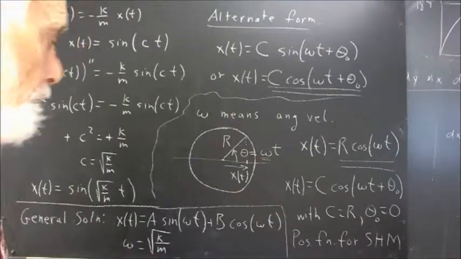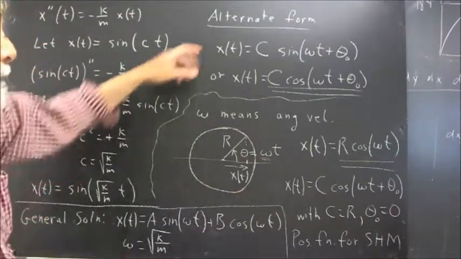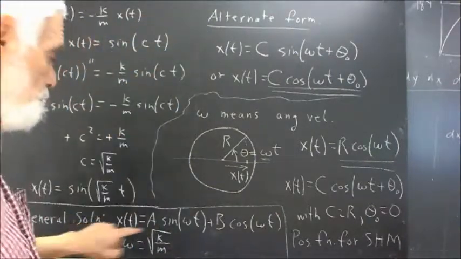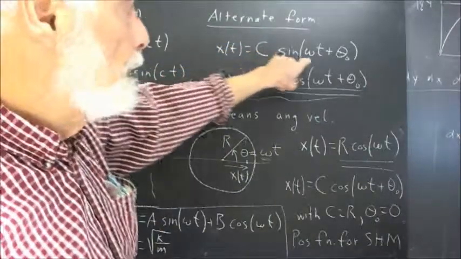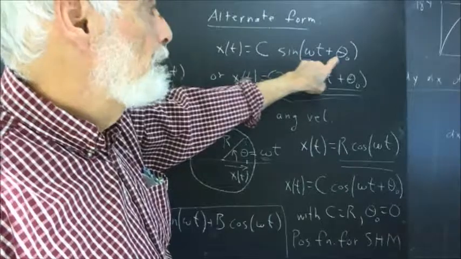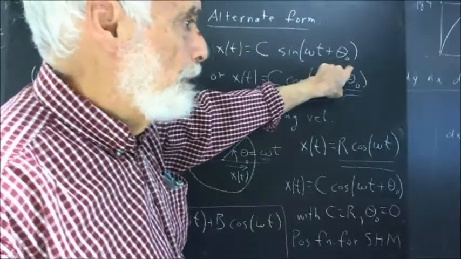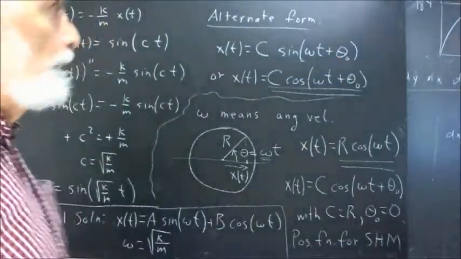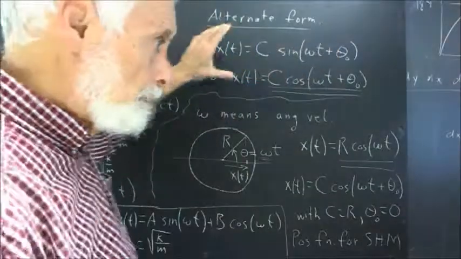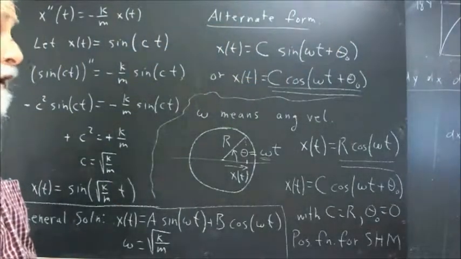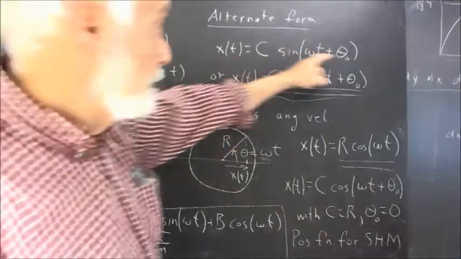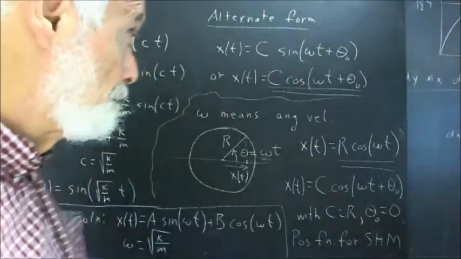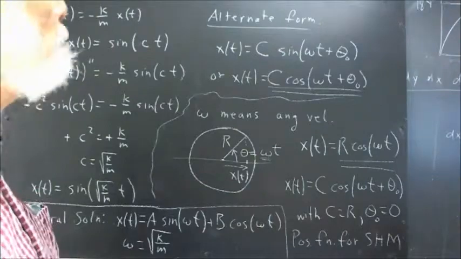By trigonometric identities, we can express x of t as some constant c times the sine of omega t plus some theta naught. Okay? There's an interpretation of that. We're not going to talk too much about that interpretation. We didn't talk too much about that interpretation in class. We're probably going to do an extension that does talk about that.